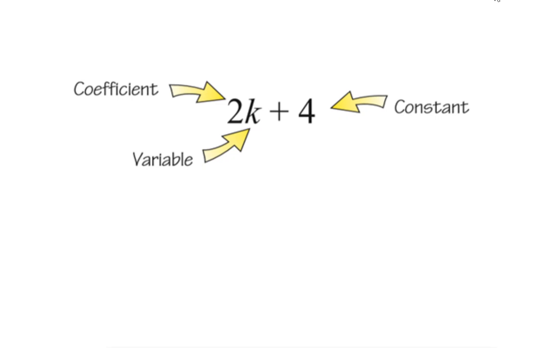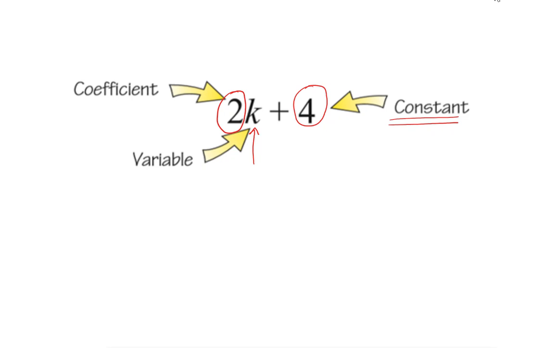Let's look at terminology. For example, in this expression, you know the variable. The variable here is k. And the number that the variable is being multiplied by is called the coefficient, like 2 here. And also, constant is a coefficient.